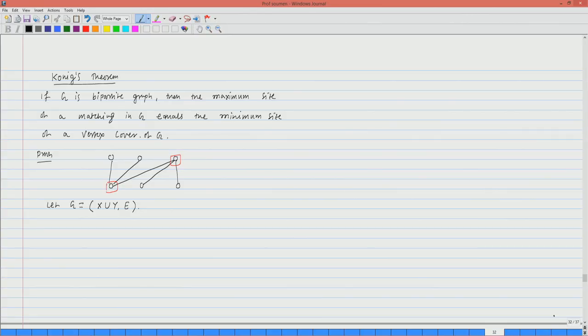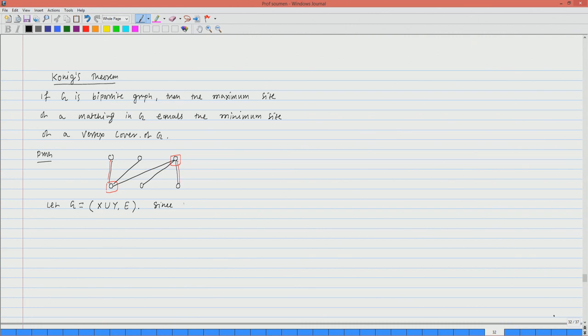Since a matching is a collection of disjoint edges, to cover only the edges of the matching, you need 2 vertices, right. Forget about the other edges. So, you need that many vertices to cover the edges of the matching.